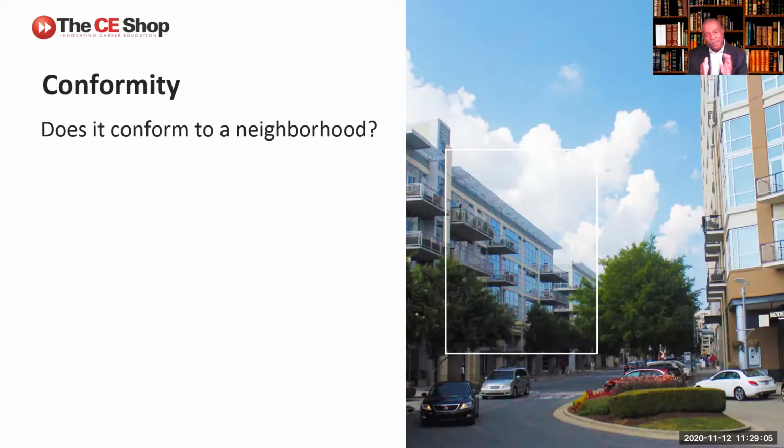And when you build a property or a home, more than likely you want it to conform to the neighborhood that you're building into. Why? Because by doing so, it's more likely to increase or maintain the value of that property. Conformity is always a better option.